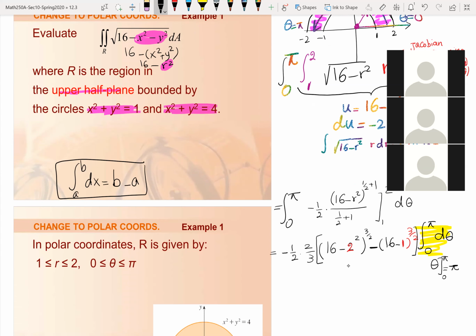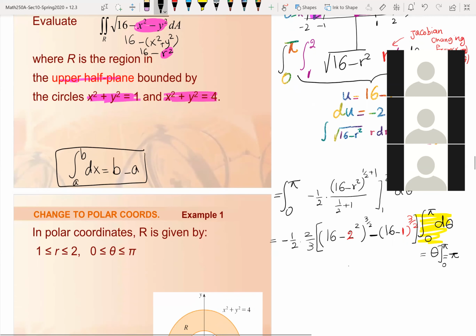That is one thing that you can skip, because it's basically the integration of 1, and in terms of theta it's going to be theta, and then you replace end point minus the start point. So it's really the length of the limits of integration, which is pi minus 0, and that gives you pi, okay?